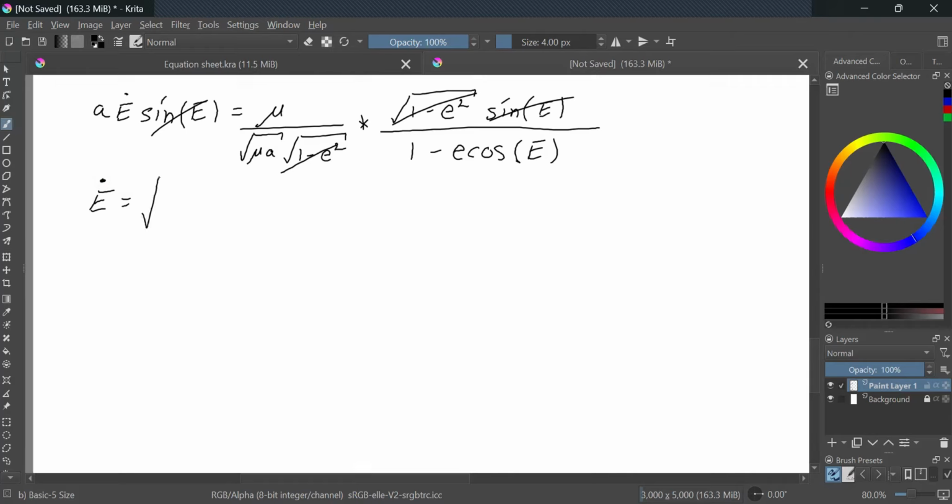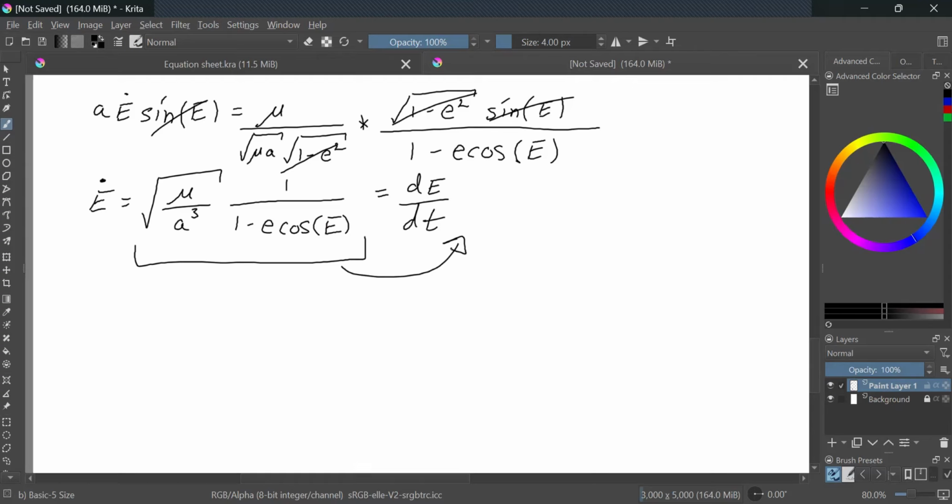So mu over a cubed, square rooted, times 1 over 1 minus e cosine of big E. And E dot is dE/dt, the rate of change of the eccentric anomaly angle with respect to time. So if we want to solve for time, let's put all of this over on this side, and then we can put our dt up here.